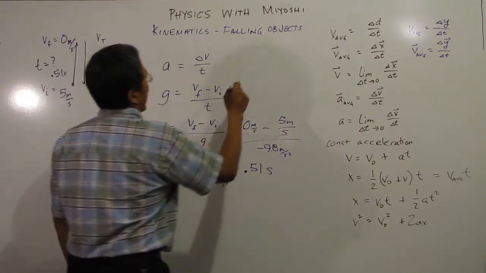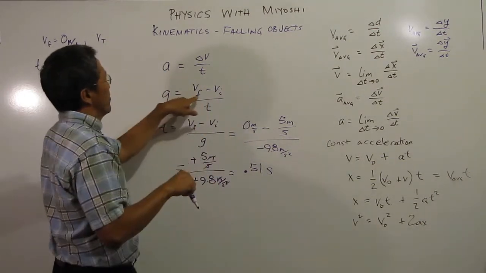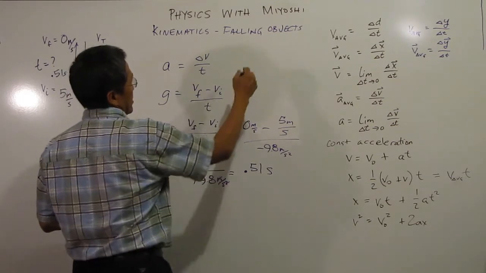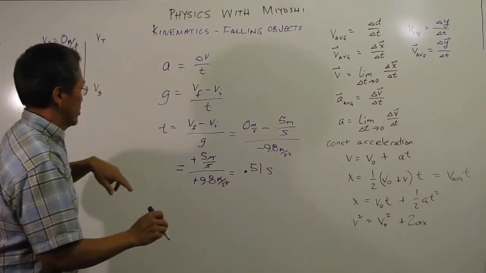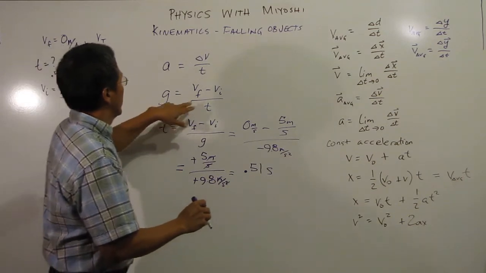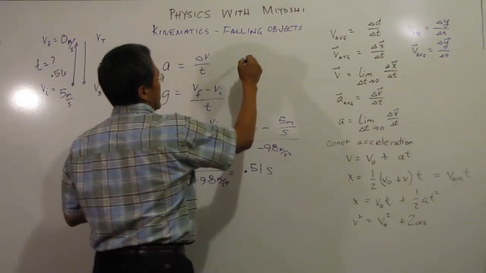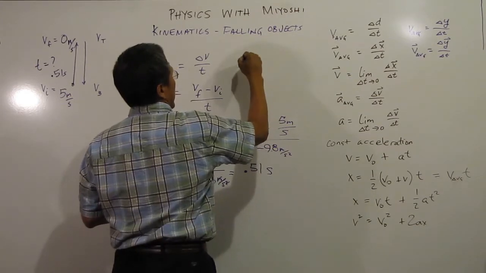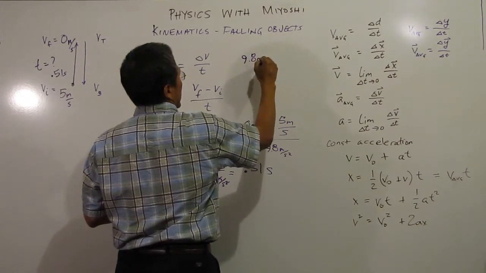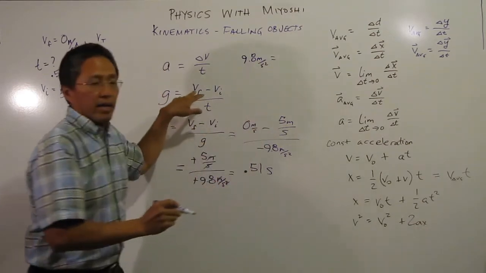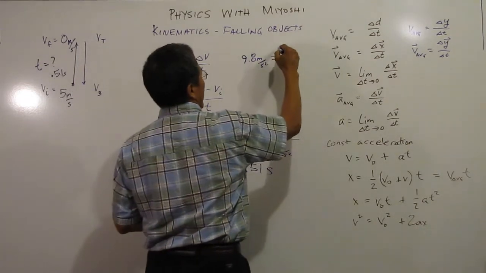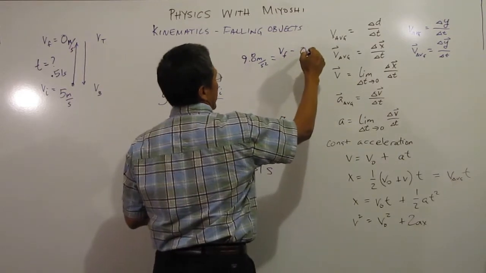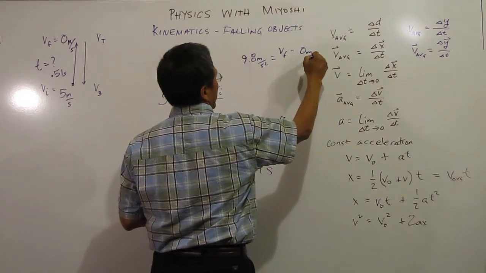So the velocity on the bottom will now be our final velocity. My acceleration g is 9.8 meters per second squared, and my final velocity is what I'm trying to find. My initial velocity is 0 in this case because it's up at the top.